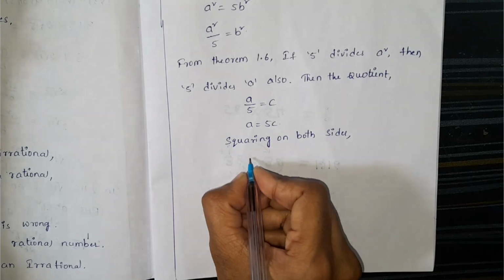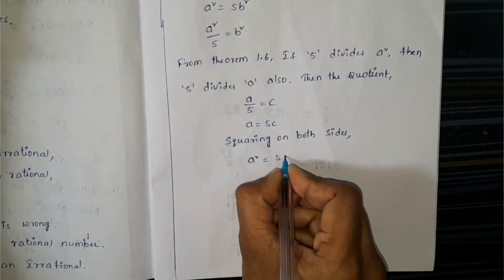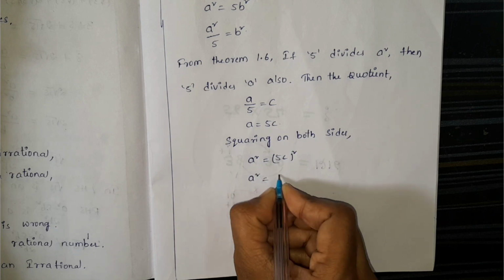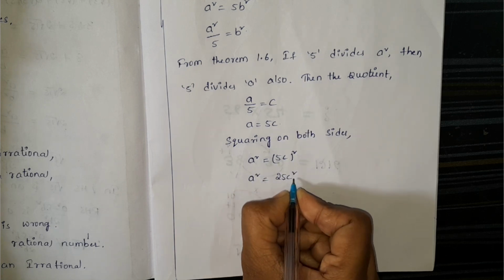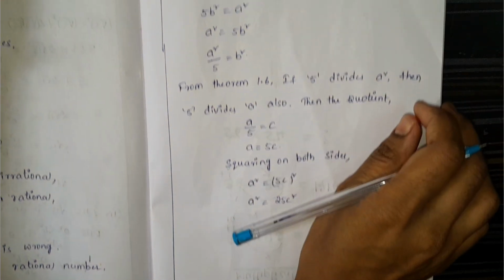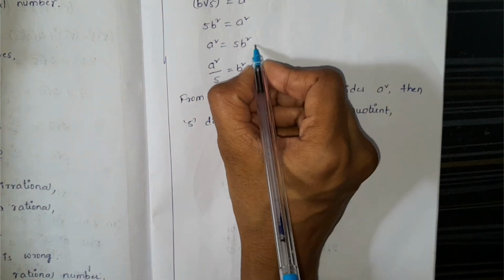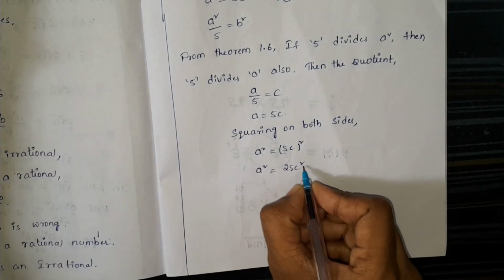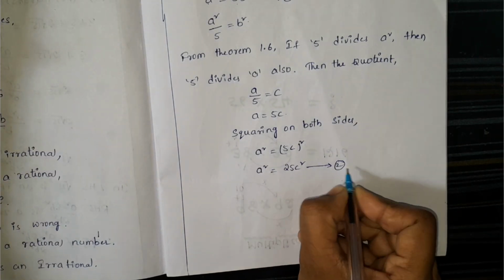So here a square equals 5c whole square, right? a square equals 5c whole square means 25c square. Okay, here we see a square equals 5b square. It is equation number 1, and a square equals 25c square is equation number 2.